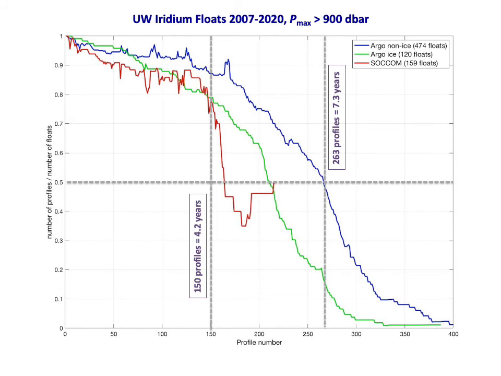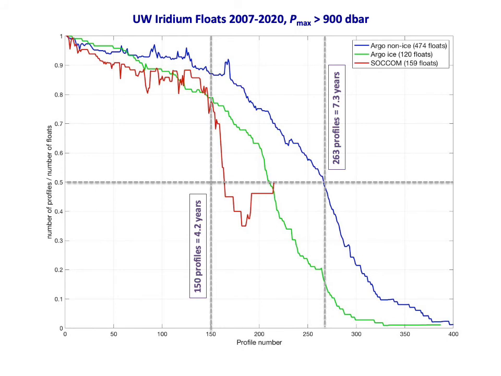The red line here is our SOCCOM floats, which are identical to GO-BGC floats. Many of those are in the ice, and you can see that they look something like the green line, but around 150 profiles, we tend to lose a lot of them. This particular batch was subject to a problem with overusing the batteries, and I think we've got that technical problem fixed.